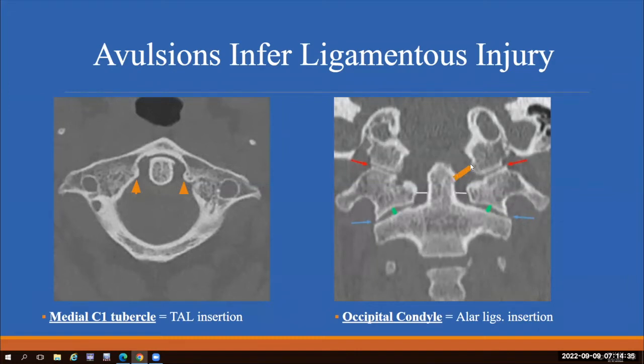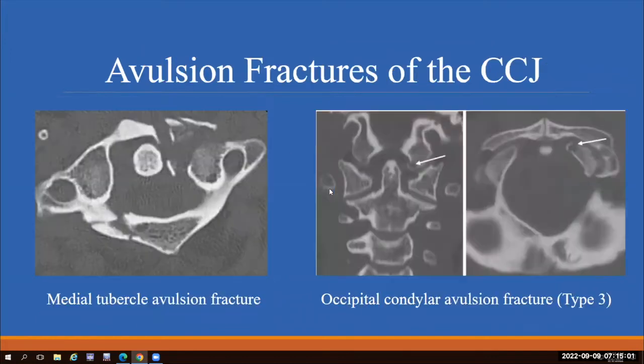You can have a medial fracture of the occipital condyle in which the alar ligament has pulled off that piece of bone. You're going to see that on CT, and you're going to know that there's been an avulsion injury of the alar ligament, because there's a certain type of fracture: either the occipital condyle showing you the alar ligament being injured, or the medial tubercle showing you the transverse atlantal ligament being injured. So besides joint spaces, avulsion bony fractures are the other thing to look for.